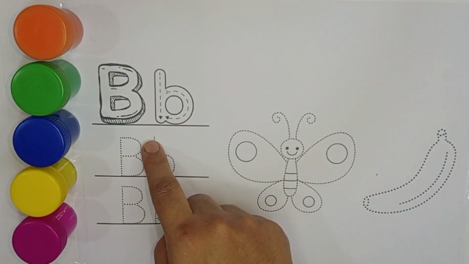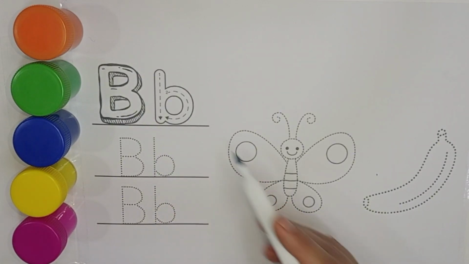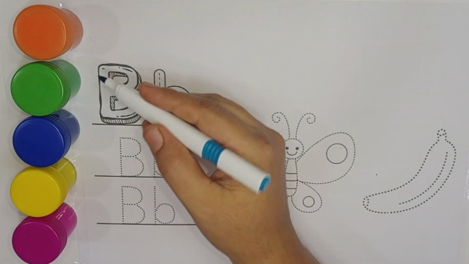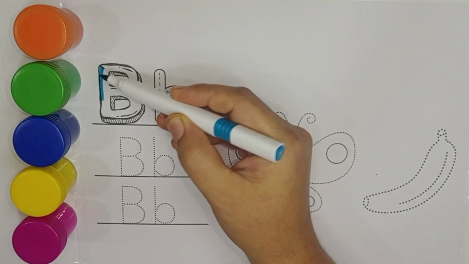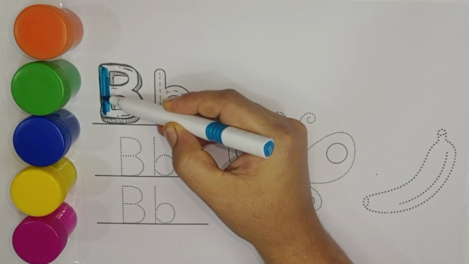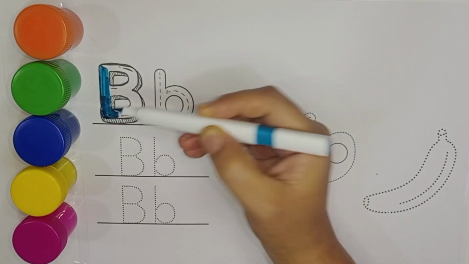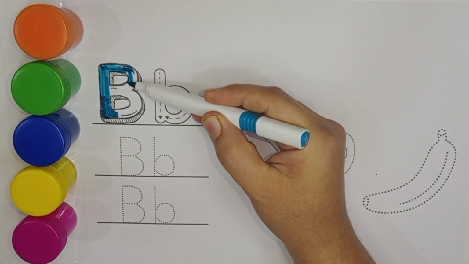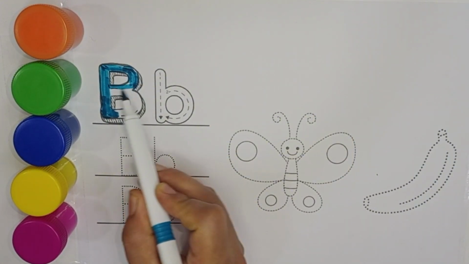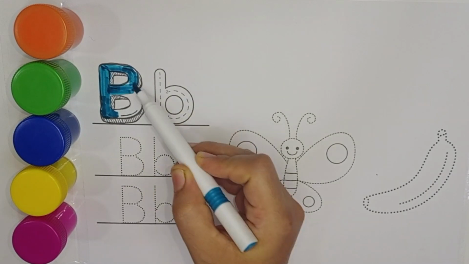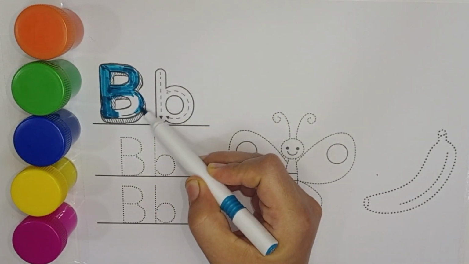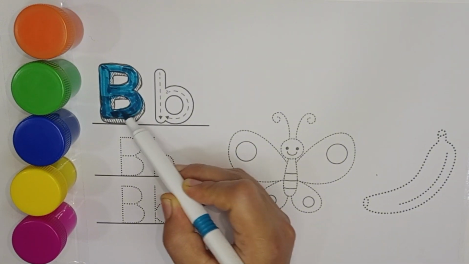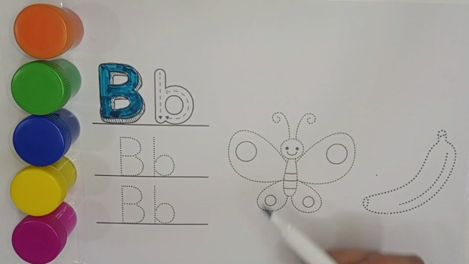Today we learn B. B. B is for butterfly. B is for banana. B. B is for butterfly.